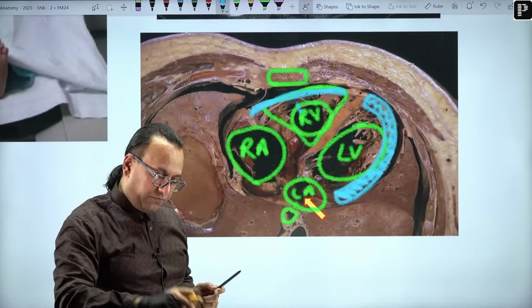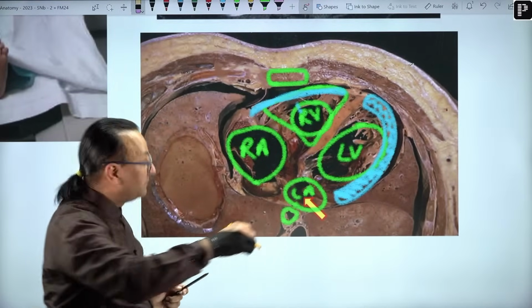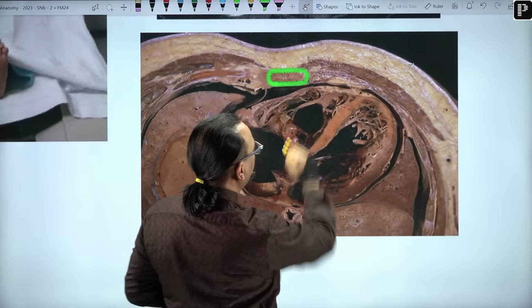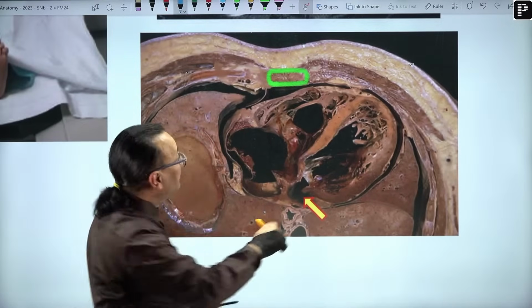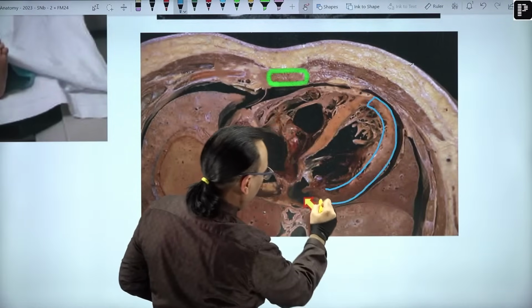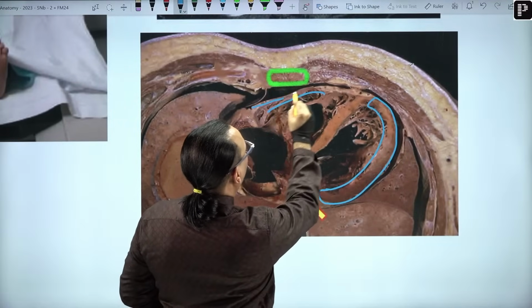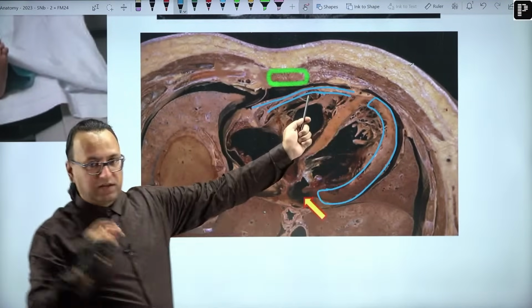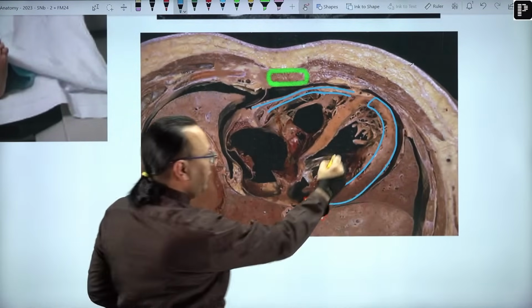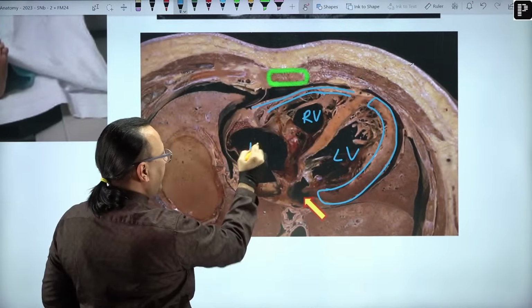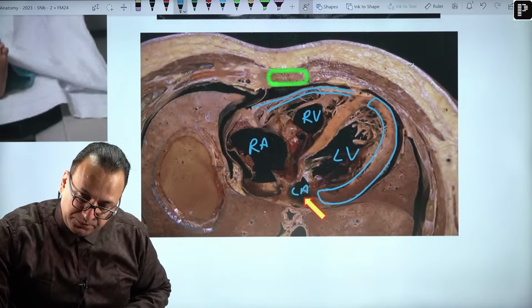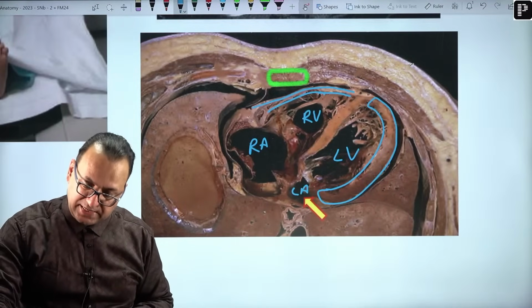If I rub it off, you can see the difference: look at this thickness and look at this thickness. The right ventricle is 3 times thinner as compared with the left ventricle. So this is left ventricle, this is right ventricle, this is right atrium, and the question was on the left atrium. Yes, near the vertebra, it is the left atrium.